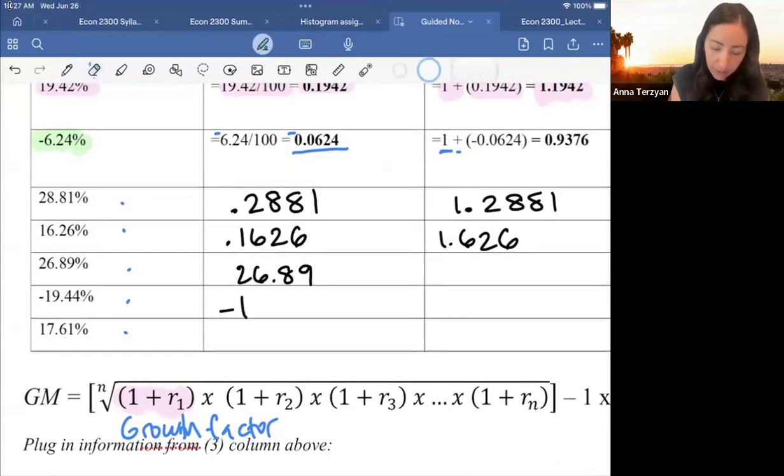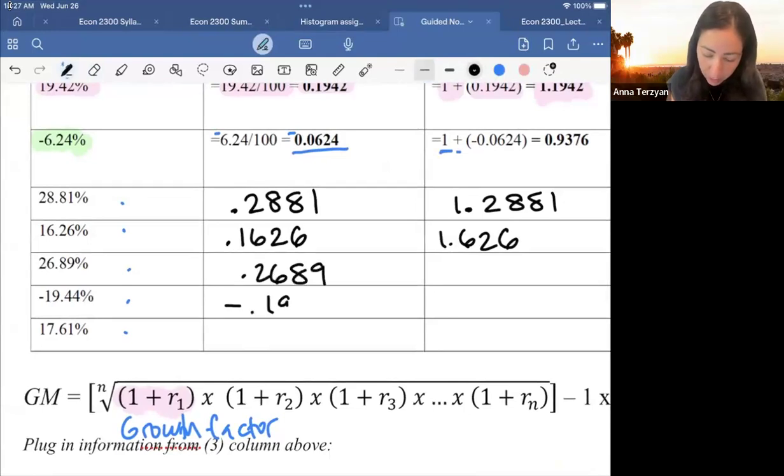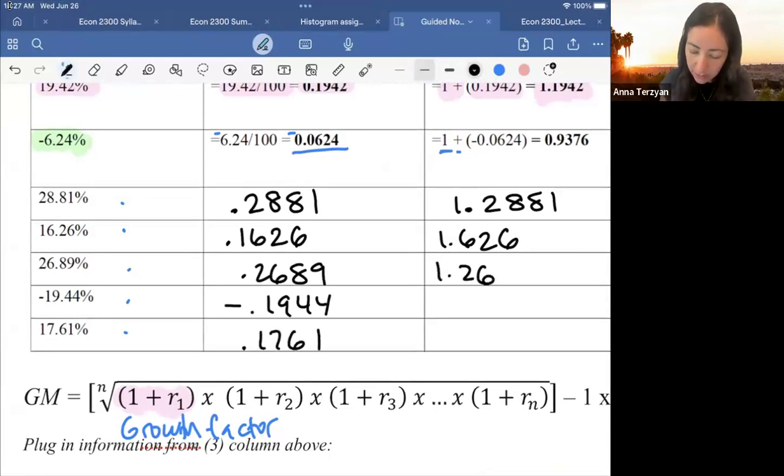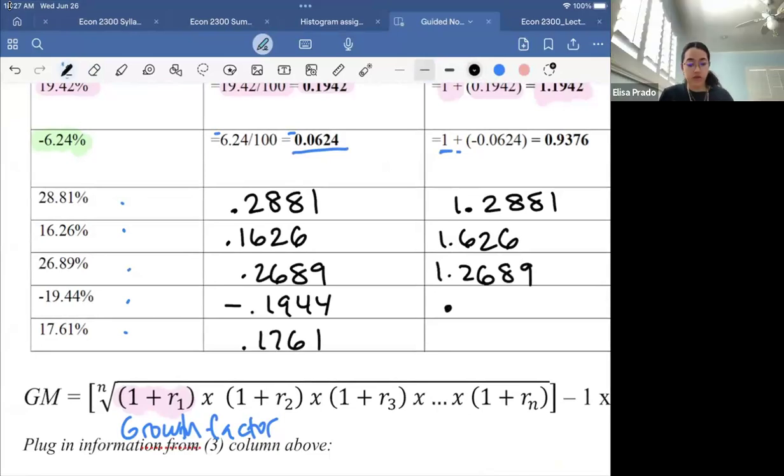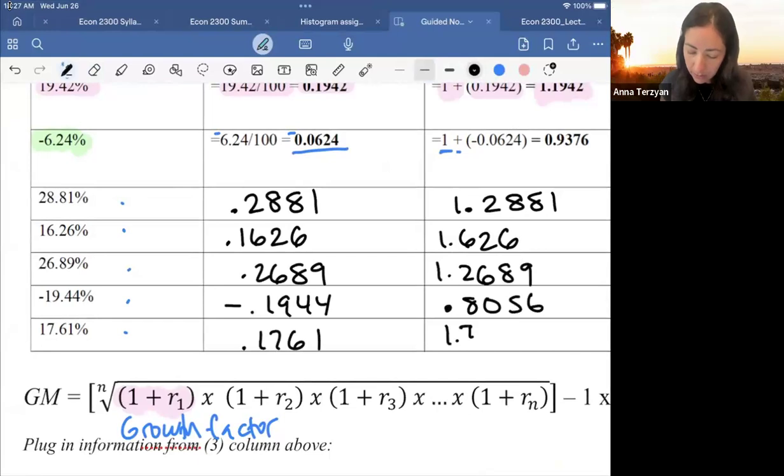Oh, I just did the wrong thing. 0.2689 minus 0.1944, 0.1761. So this growth is fine because you don't have to subtract. And what's the growth factor for negative 19.44? 0.8056. Yep. And then the last one will be 1.17.